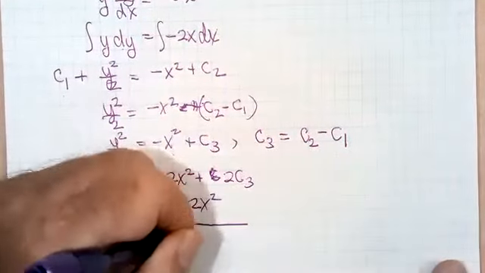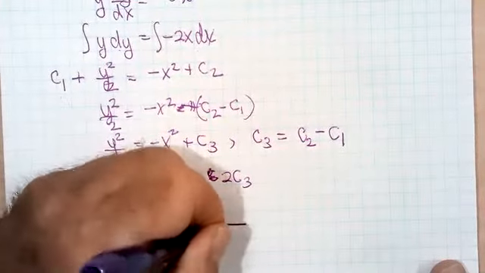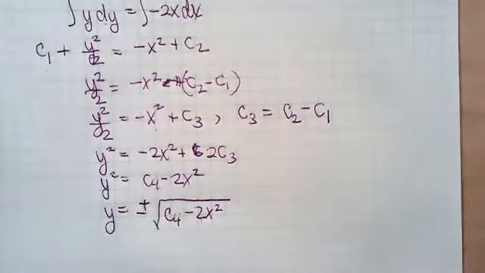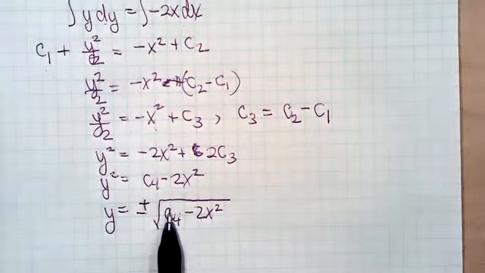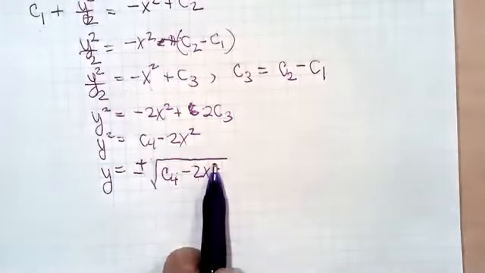So if you wanted an explicit form for the solution, it would look like this. And you know, there's some restrictions on this C4. You can see here, this expression under here can't go negative. Otherwise, we couldn't take the square root.